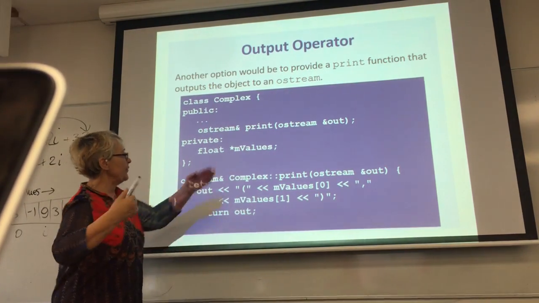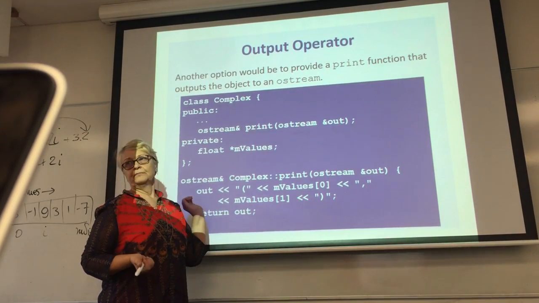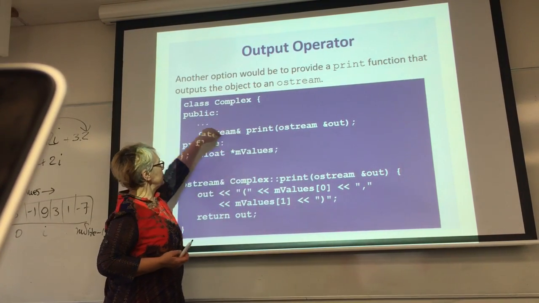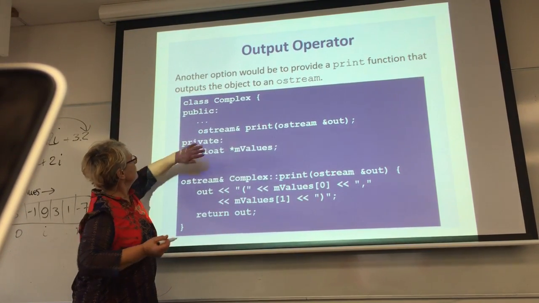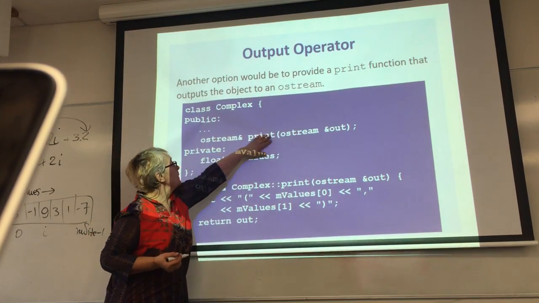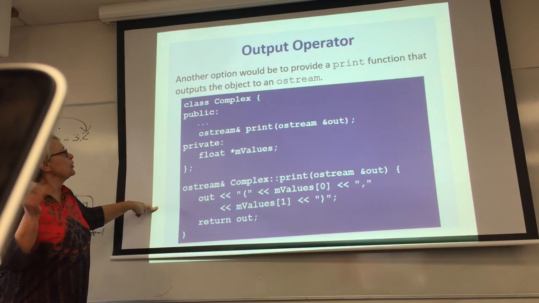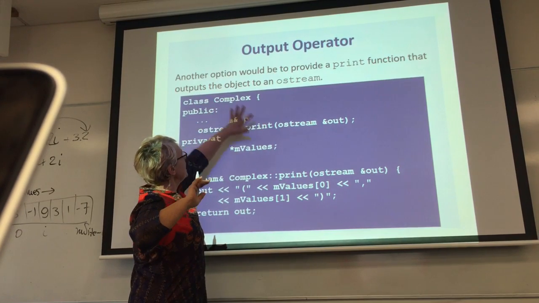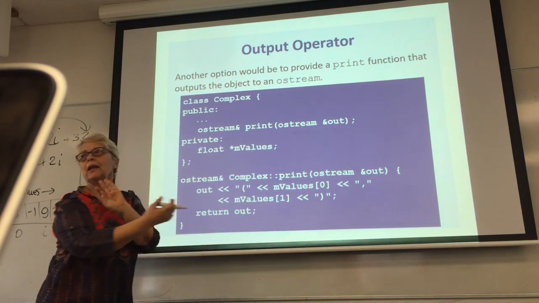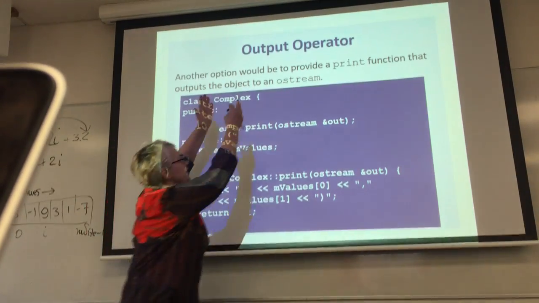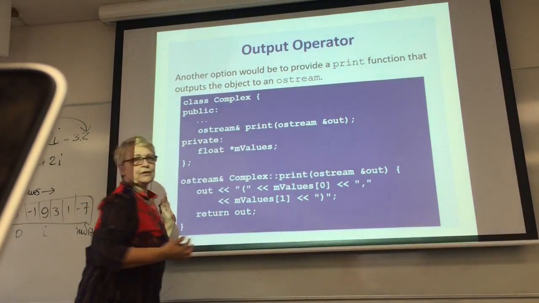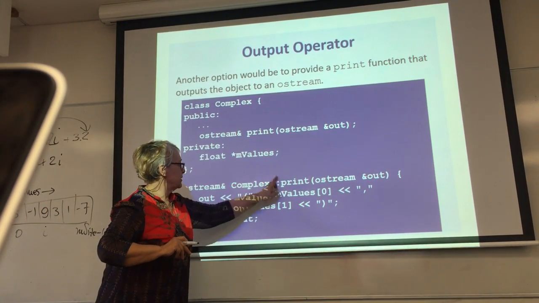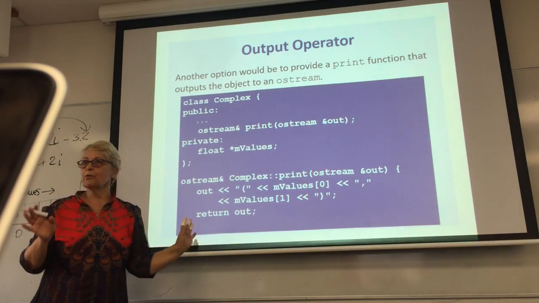The method is to define a print method, and then invoke it. So we have a print method in the complex class which somehow parallels the output operator. As you can see, it takes a reference to a stream and returns a reference to a stream. Now it's a class method. It has access to everything, no problem.